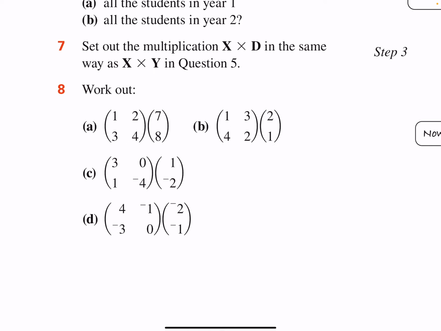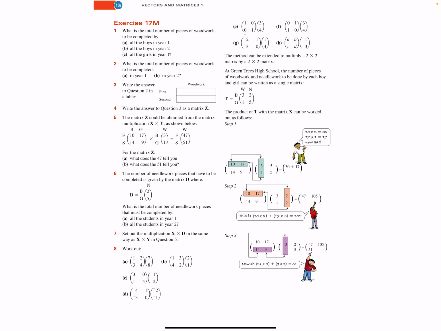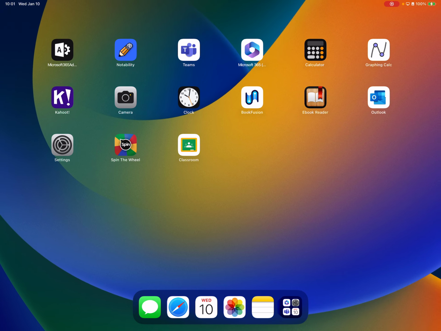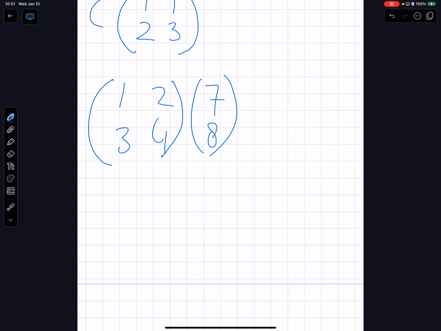We shall do it right now. So 1, 2, 3, 4, 7, 8. All right. Row multiplied by column.